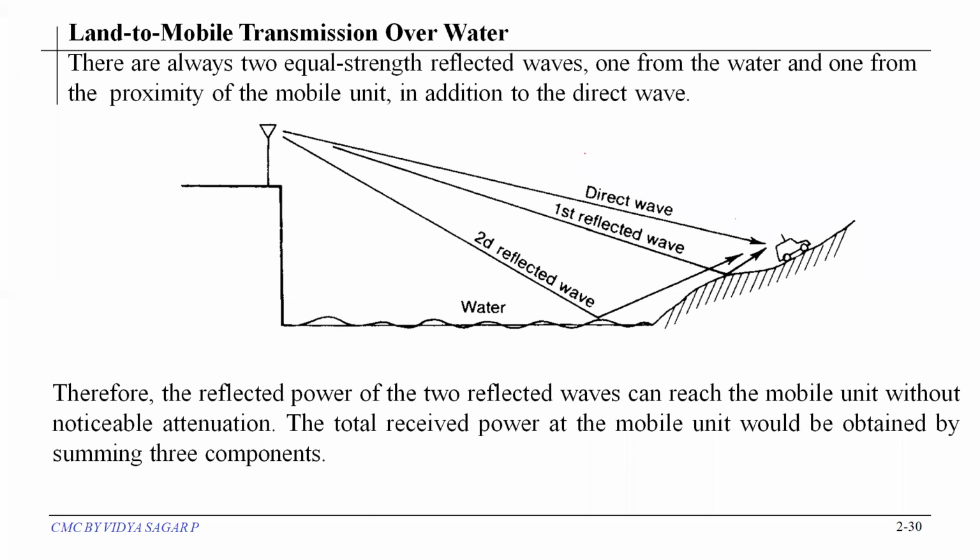there are two equal strength reflected waves. One reflected wave is from water, and the other is from the proximity of the mobile unit. One is the direct wave.